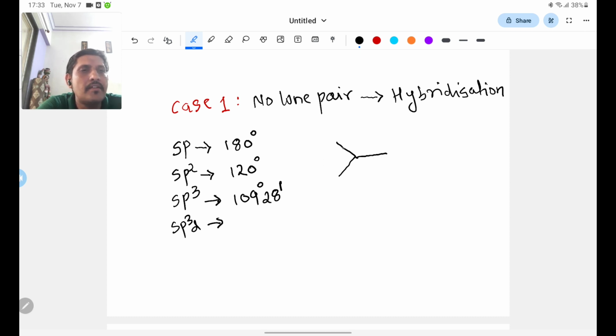It has an axial plane and equatorial plane. In equatorial plane, the bond angle is 120 degree. As you are seeing, the three bonds are arranged at 120 degree angle. And then we have two axial bonds, mutually 90 degree above and below the plane.